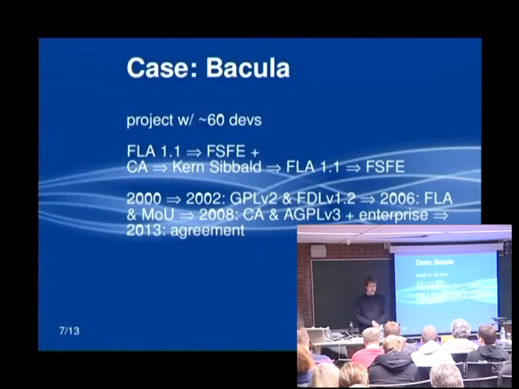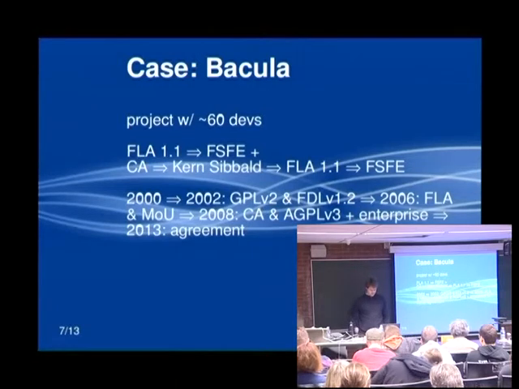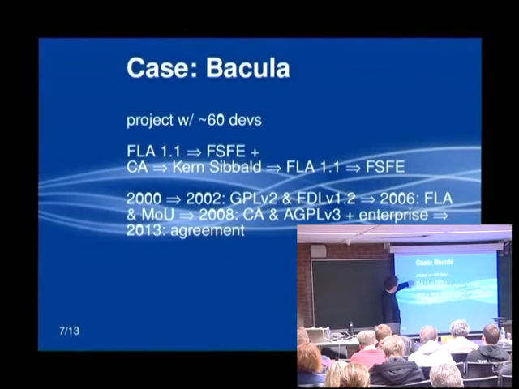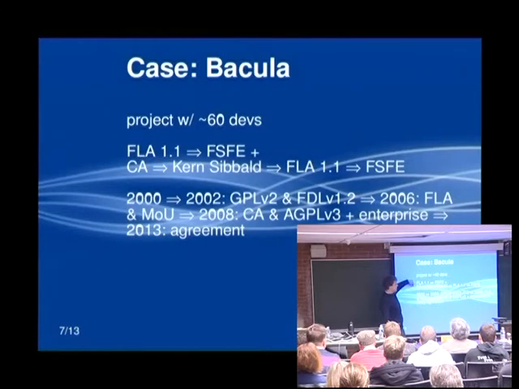So in 2013, we sat down and discussed it like adults. Part of the code copyright flows from the developers using the FLA directly to the FSFE, but the other part flows from the developers using the copyright assignment to Kern Sibbald.